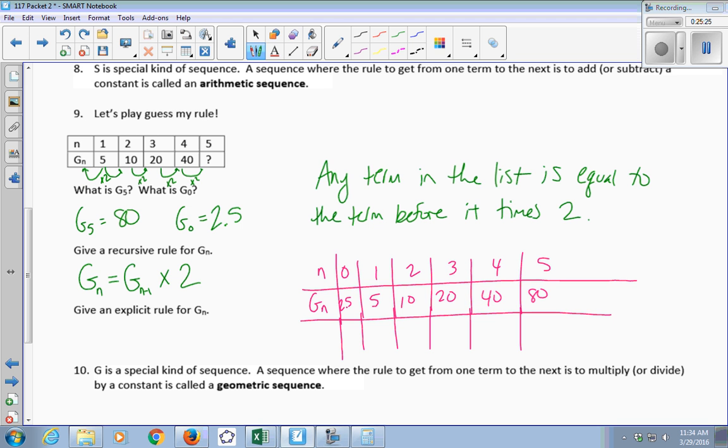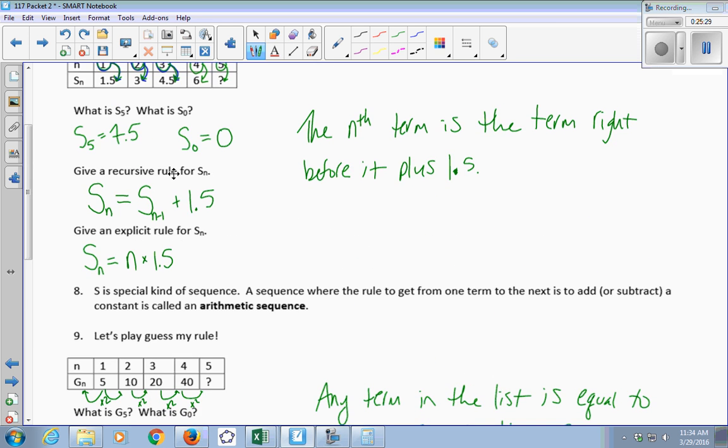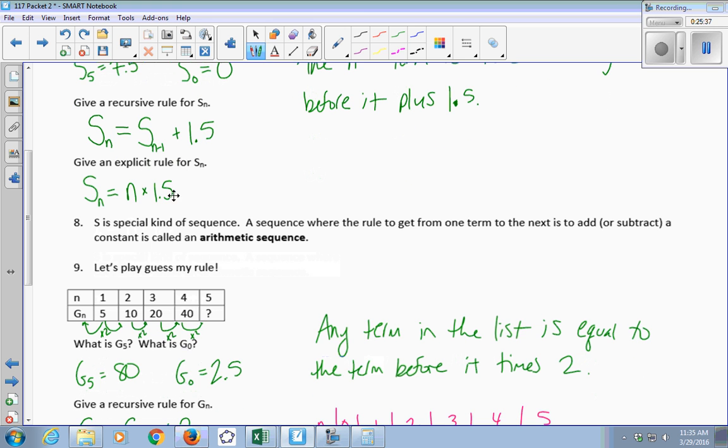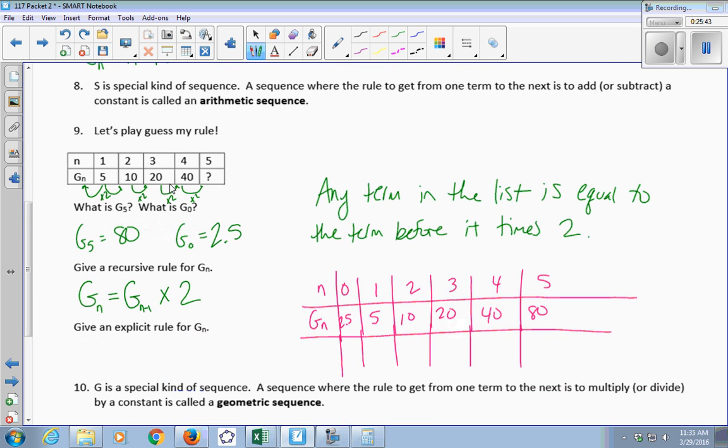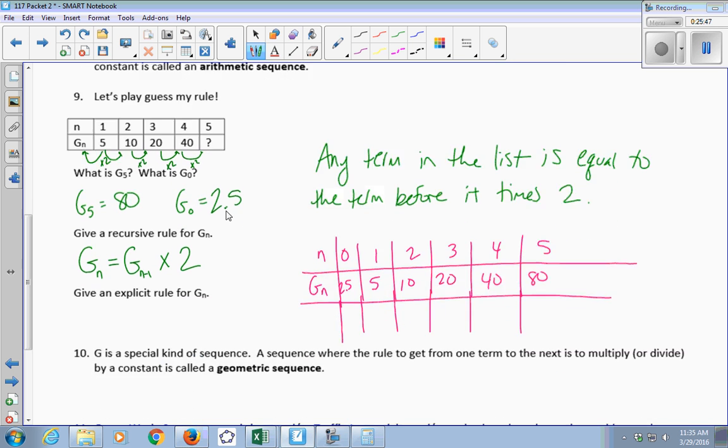Okay, so in the arithmetic sequence, we were repeatedly adding things, right? We added 1 plus 1.5 plus 1.5 plus 1.5. And we wrote our explicit rule that repeated addition translated to multiplication, right? Here, we're repeatedly multiplying by 2, right?